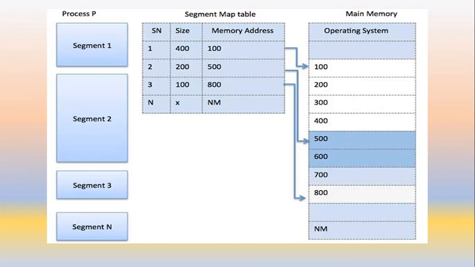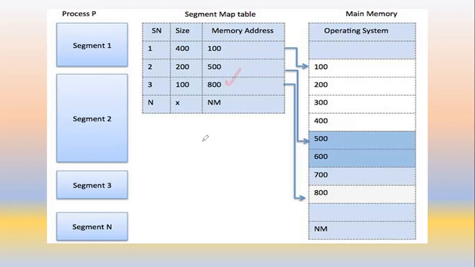If we pick, for example, segment number 3, we can see that this segment has been represented in the segment map table where segment 3 has been serialized as 3. And this segment is of size 100 and it can be found from the memory address 800.